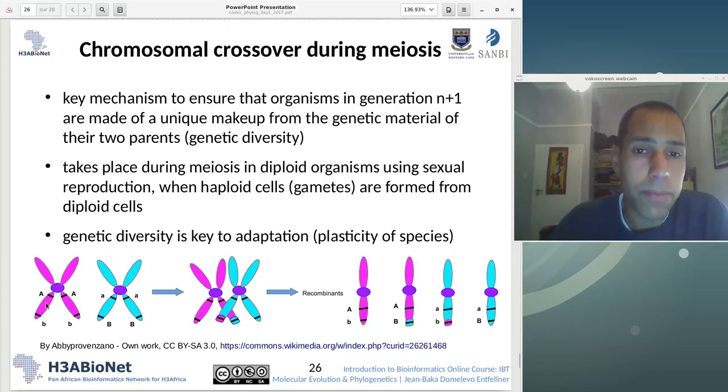So chromosomal crossover is the fact that during meiosis, when these chromosomes split into haploids, they exchange material. Here you see an example where we have four alleles on two different loci. There is one locus with the alleles A, one locus with the alleles B, and you see that one individual had uppercase A, lowercase b.